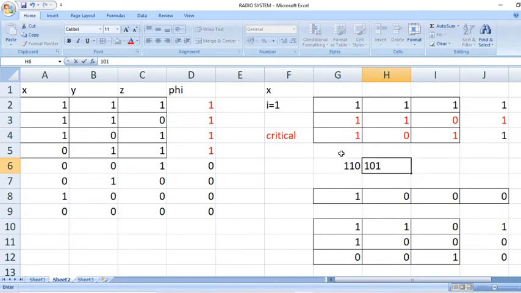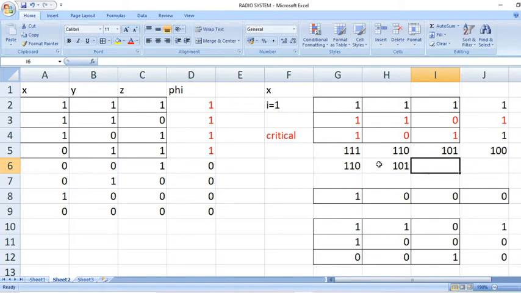So among the four vectors with I equal to 1, that is 1 1 1, 1 1 0, 1 0 1 and 1 0 0, these two are critical. These vectors are the vectors with I equal to 1.